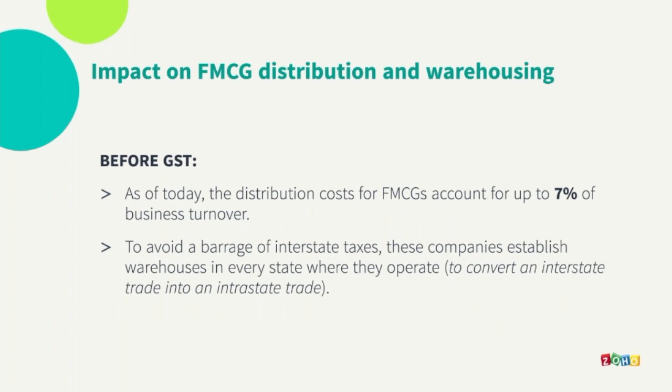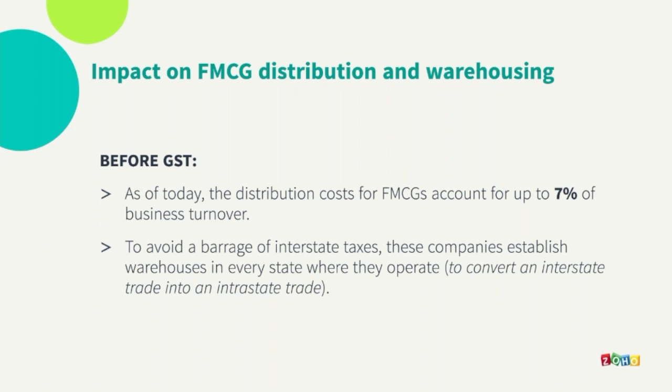So that was with respect to the prices of these products. But if you take a look at the FMCG as a whole, the biggest impact of GST is going to be on the distribution aspects of this industry. Today, distribution costs for FMCGs account for up to 7% of their business turnover.